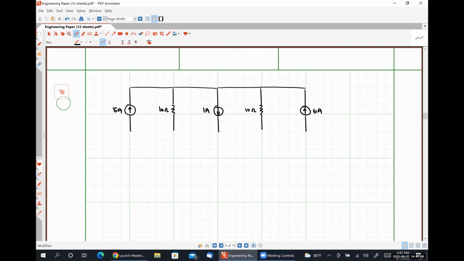And our goal here is to determine this voltage V. Now notice this voltage V is actually common to all of these components because all of these components are connected in parallel.